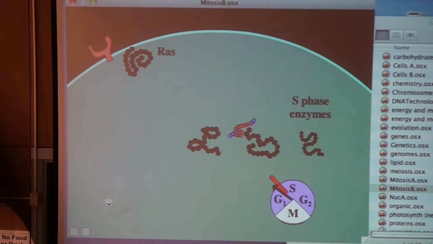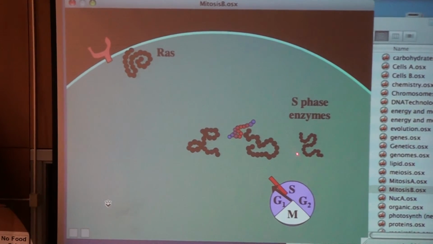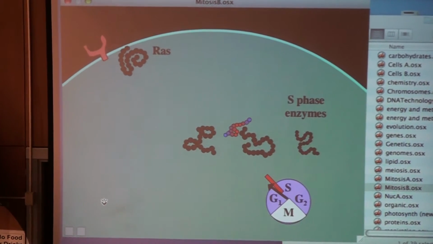This diagram I've been showing you is fairly simplified. There are a lot more proto-oncogenes in the cell than I'm showing you here. The pathway is longer than this. And furthermore, in different types of cells, like liver cells versus bone marrow cells versus pancreas cells versus lung cells, all those cells have slightly different versions of these proteins.